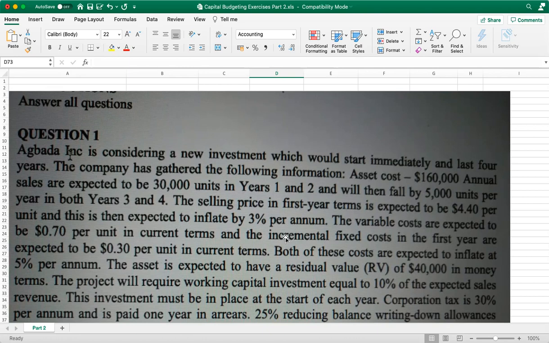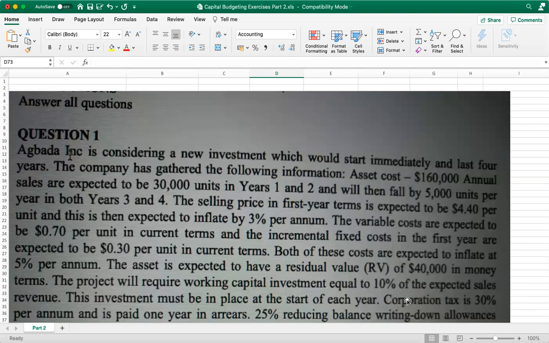The project will require working capital investment equal to 10% of the expected sales revenue. This investment must be in place at the start of each year. Corporation tax is 30% per annum and is paid 1 year in arrears.